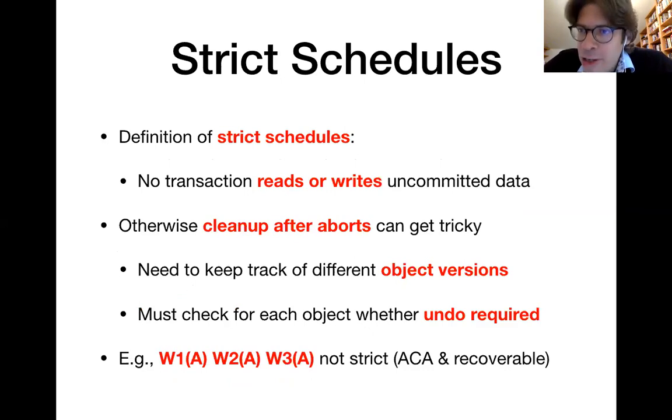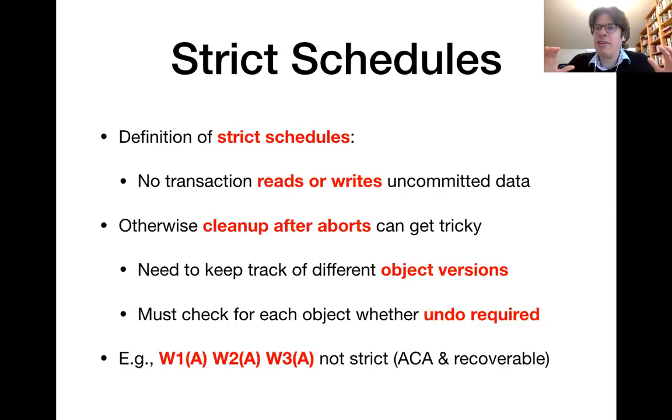There's still a couple of issues that can arise in the case of aborts if multiple transactions have written to the same object. So first of all, if multiple uncommitted transactions have written to the same object, it means that I need to keep track of which transaction has written which value, because if some subset of those transactions abort, I need to know which is the right value to assign to that object.